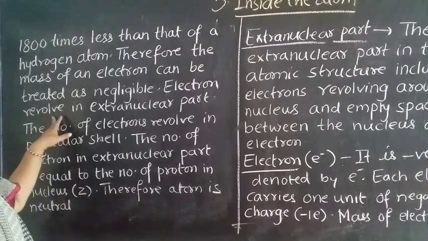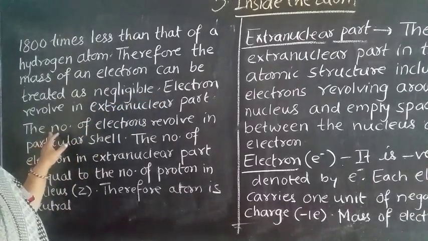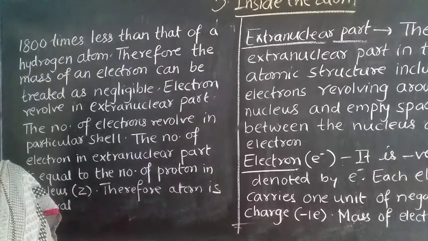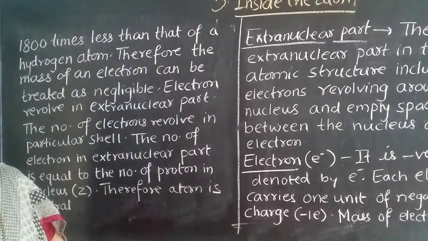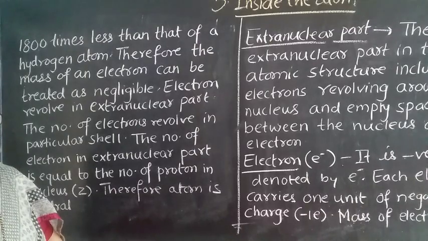So, electrons revolve in the extranuclear part. The electrons revolve in particular orbits. The orbits, or shells, are K, L, M, N according to Bohr.